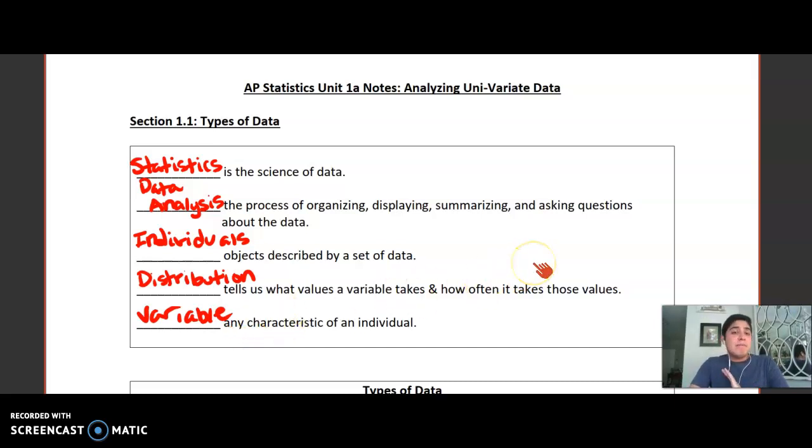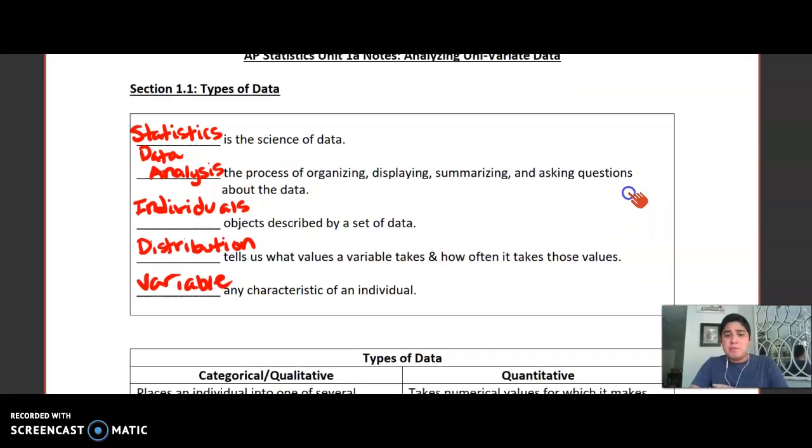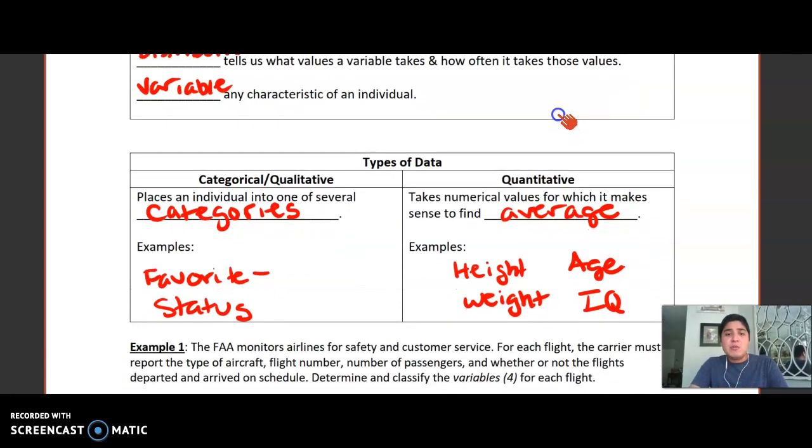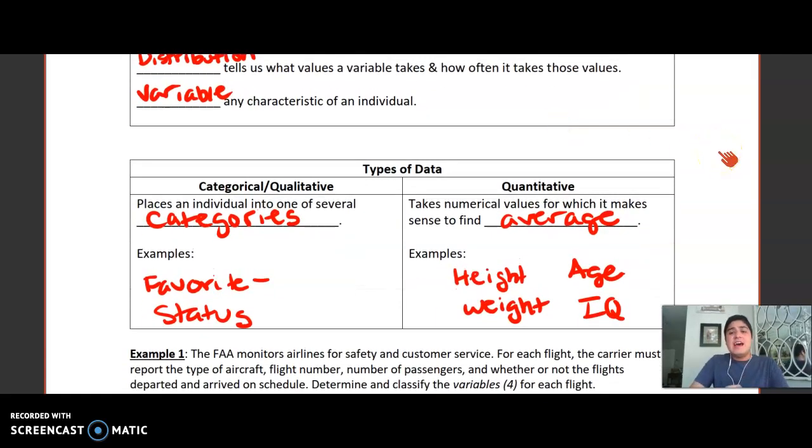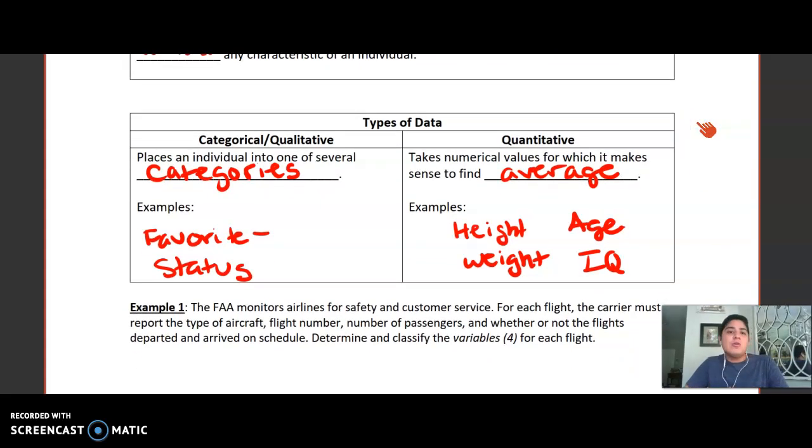Now, there's plenty of data, but we're going to just use two umbrella terms. We're going to use categorical and qualitative data as well as quantitative data. And maybe you've heard these words before, but in the context of this course, categorical and qualitative data are types of data that place individuals into one or several categories.